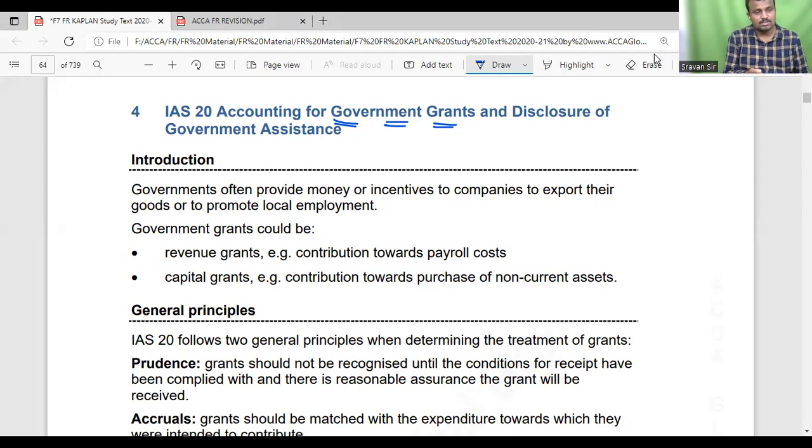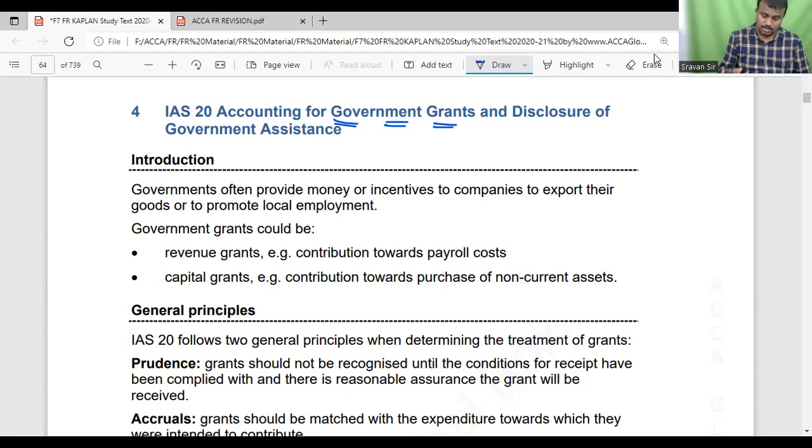For example, in monetary terms, if the government gives a proposal that if you start the entity in our state and provide around 50% of the employment to the local public, then they will provide 30% of the employment cost. That type of assistance is provided by the government.